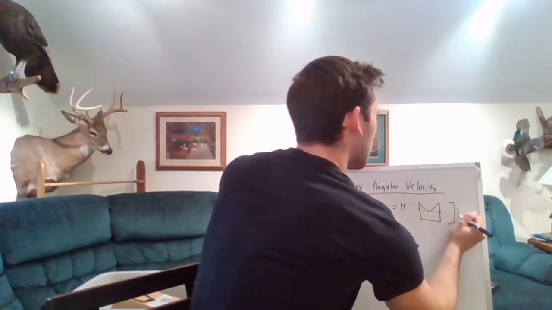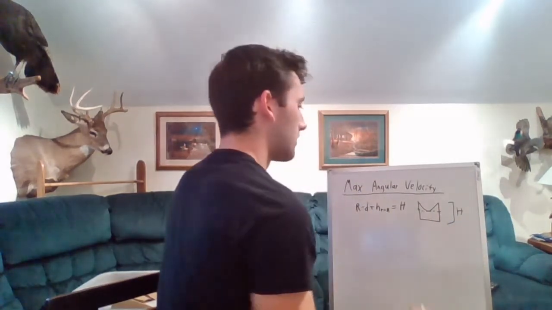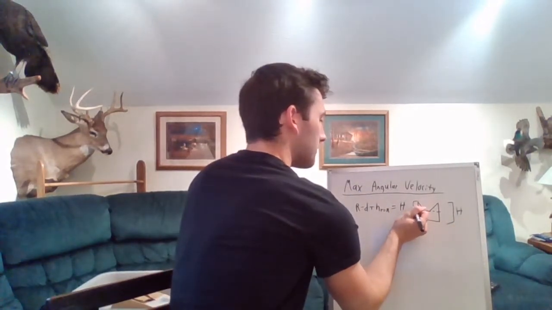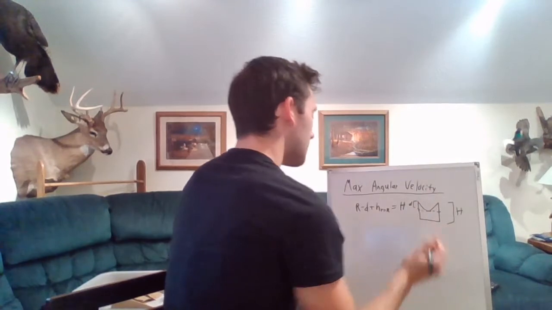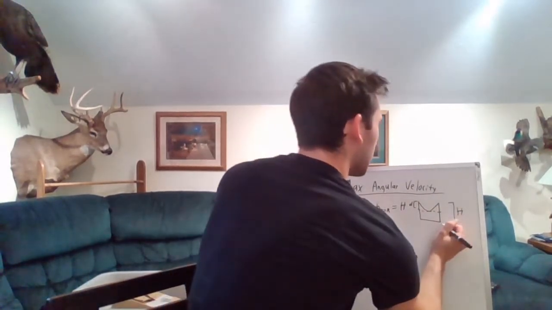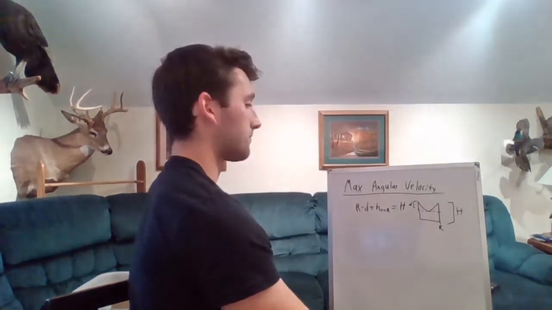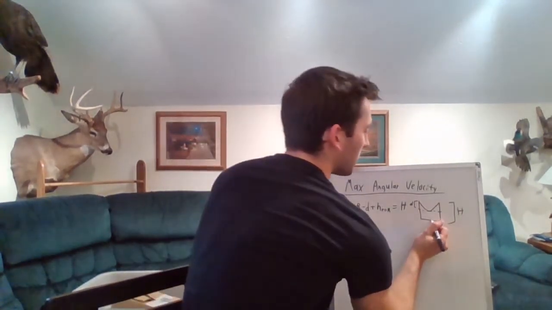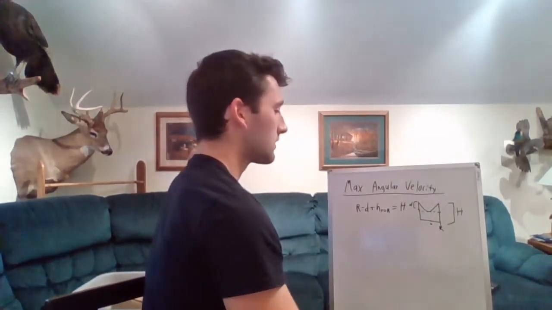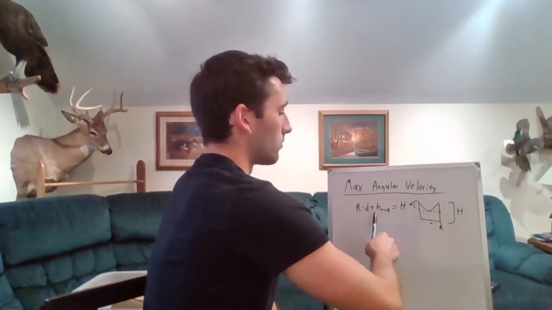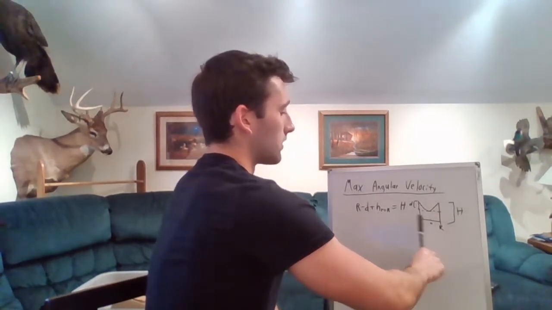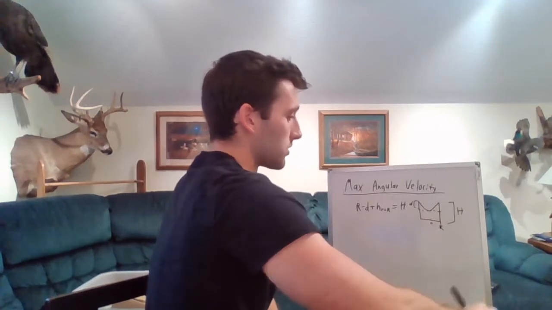This is h. This is d. And this is big R. And that's 0. So again, we're saying when the height at some radial point equals the outermost radius.